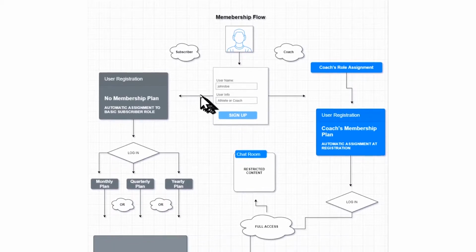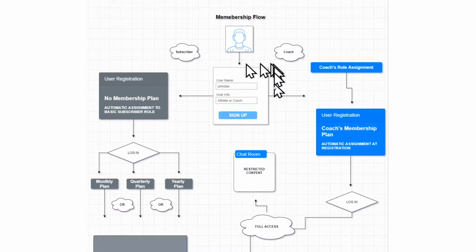Now, here's the other side of the story, the coach's story. In this case, though, we cannot have coaches purchasing anything. They should just come in, register, and get access to everything. So the whole process needs to be seamless. So what we do, coaches come in, they register. As soon as they register, we assign them the role of coach.